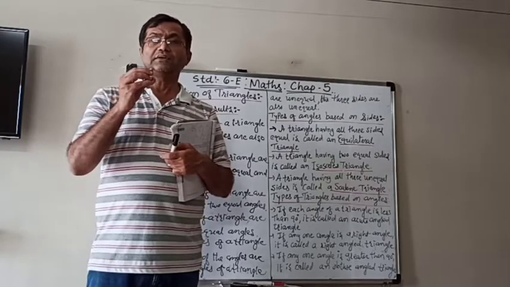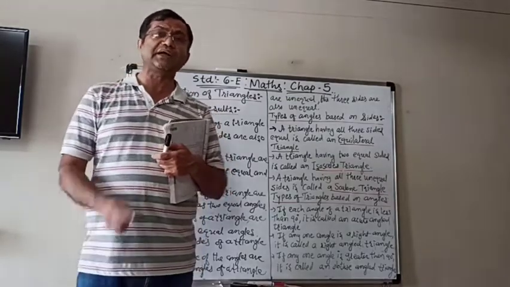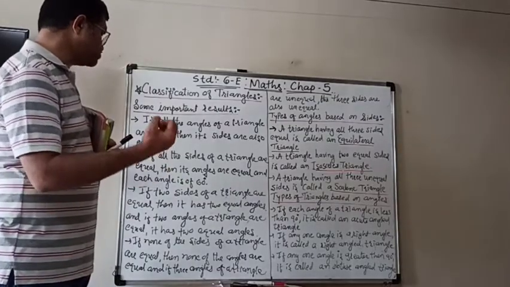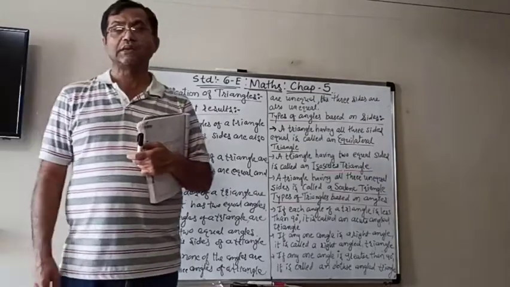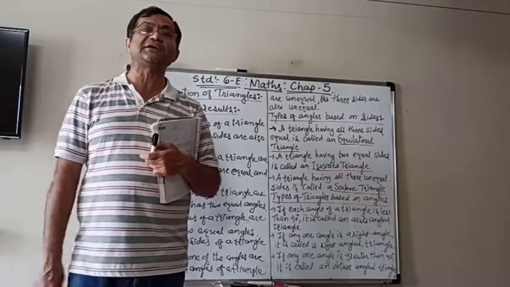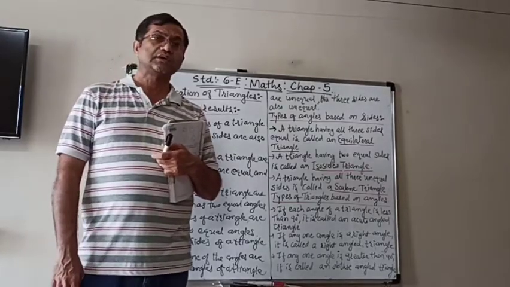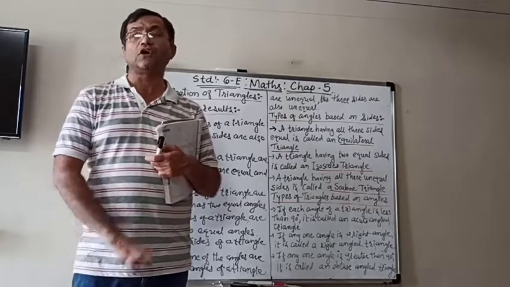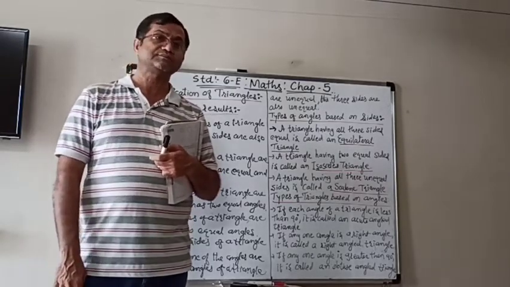So this is very important. And the last thing: if none of the sides of a triangle are equal, meaning all the sides are of different size, then all the angles will also be of different measure.